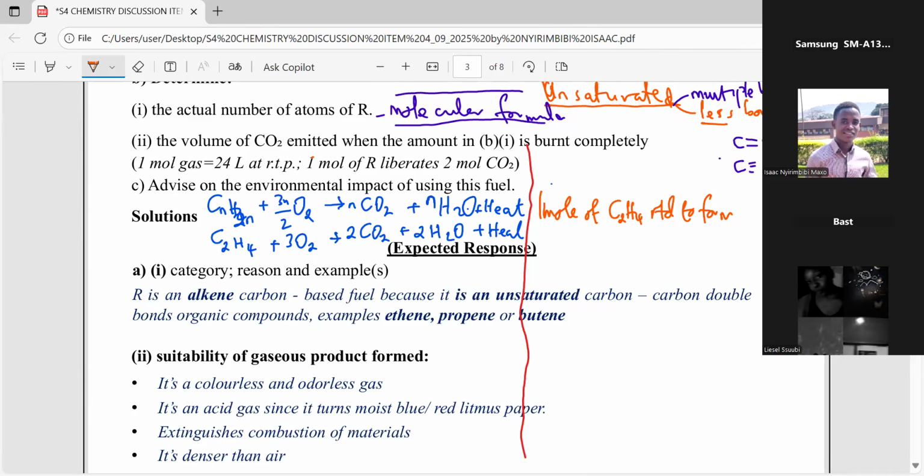What is the 2 representing? It's a mole. Basically, 1 mole of this gives you 2 moles of carbon dioxide, so you need to say 2 moles of carbon dioxide.